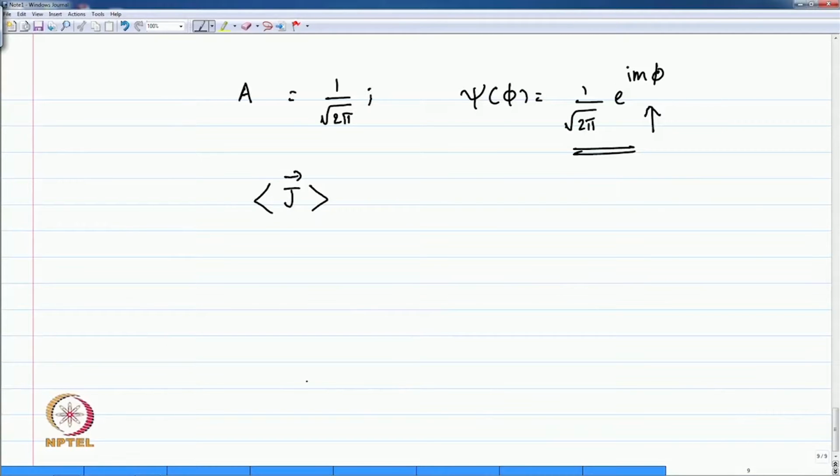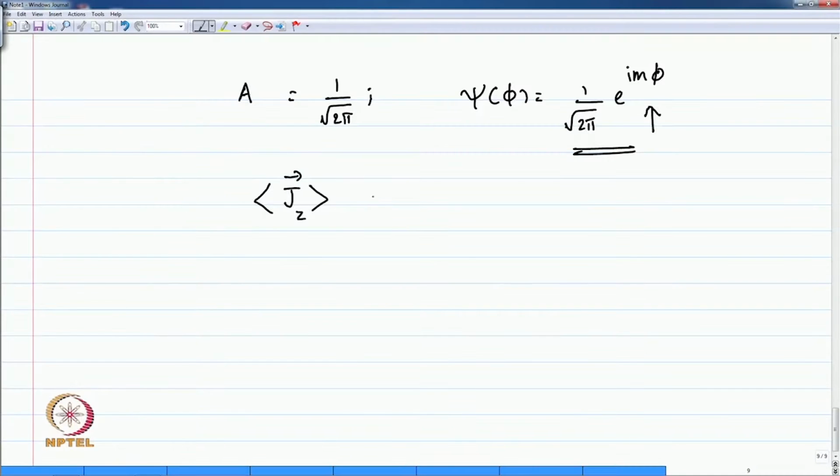Since it points in a direction perpendicular to the actual plane of the circular motion, we shall call that the z component, if we assume x and y as the coordinates of the motion of the particle on the ring that we consider.